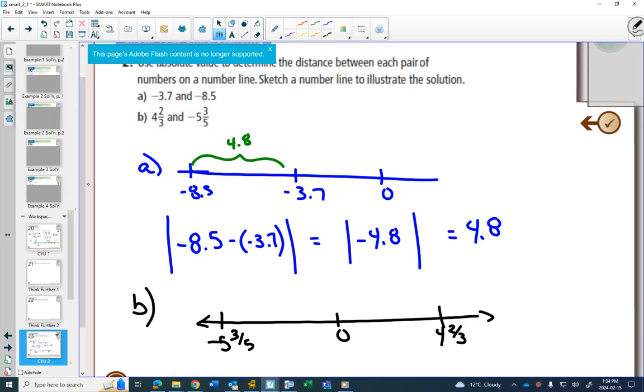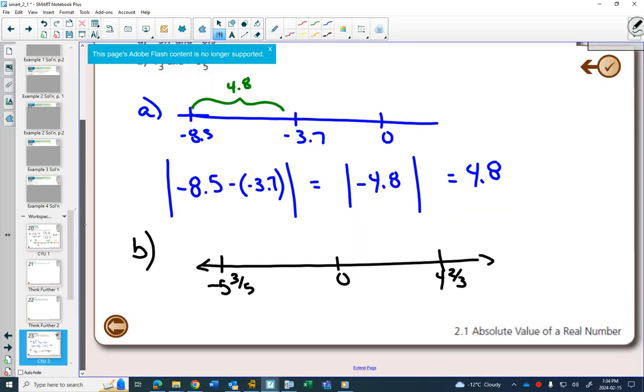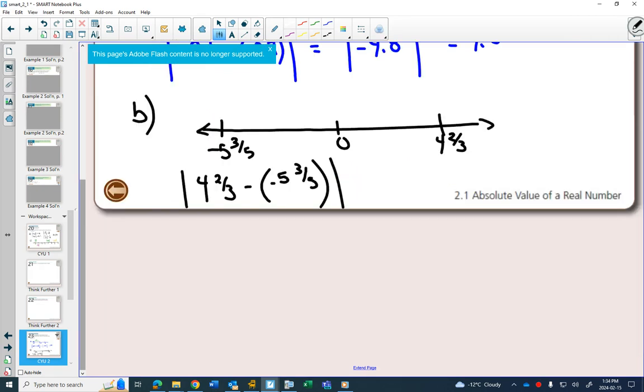You would probably realize the positive one is bigger than the negative one. But if you're concerned, you can put the absolute value 4 2/3 minus negative 5 3/5. Subtracting the negative is the same as adding. But now, how do we add these fractions?